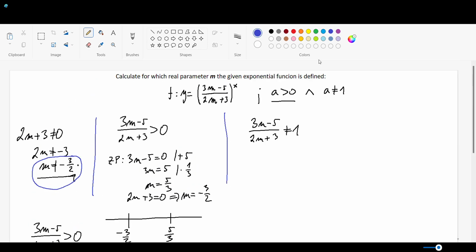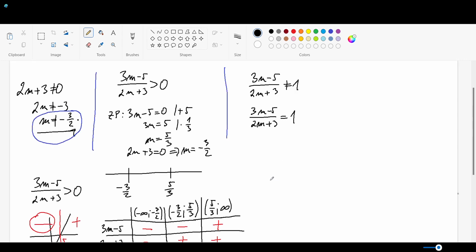And the last thing to solve or have a look at is when this expression is not equal to 1, but in this case, instead of solving not equal to 1, it is easier, and I think more common, we will be solving the equation 3 times m minus 5 over 2 times m plus 3 is equal to 1. I'll say later on why, and you will see why it is a more clever idea.